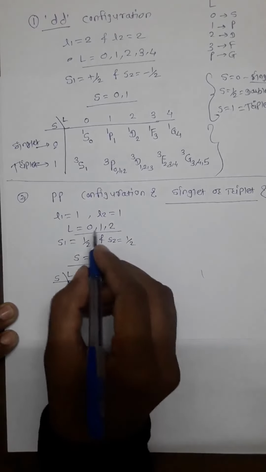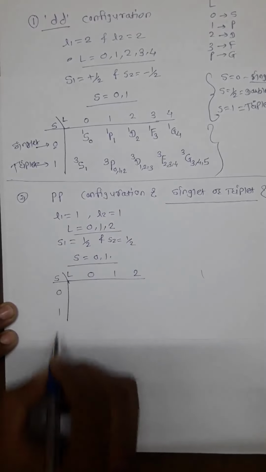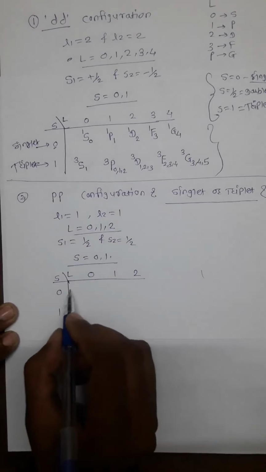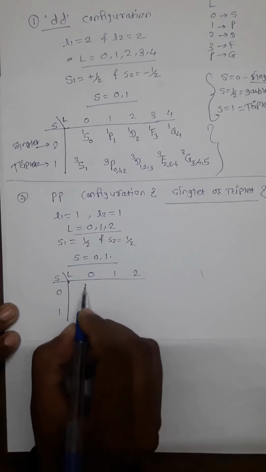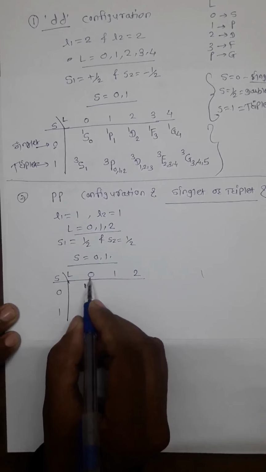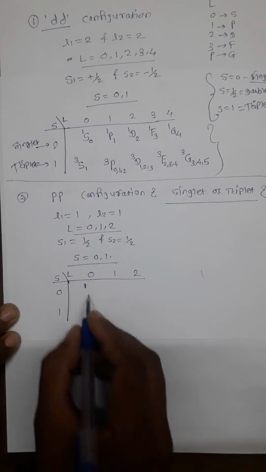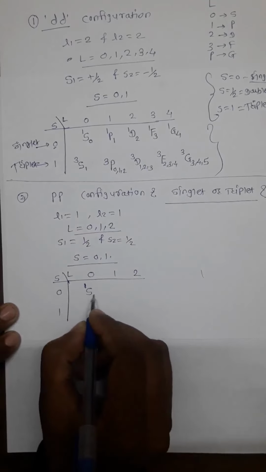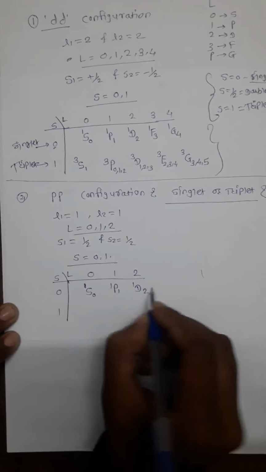The value of L is 0, 1 and 2 and the value of S is 0 and 1. Now the singlet states: the first singlet state has L equal to 0. Therefore the first state is 1S0, then 1P1 and 1D2.